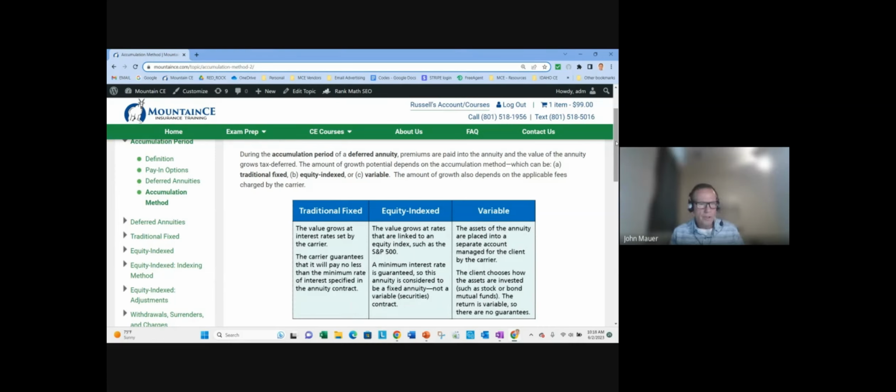Gotcha. Yeah, so you're talking about the MEC, modified endowment contract situation. If you put too much money into a life insurance policy too soon, like with Universal Life, for example, it's flexible premiums. So let's say I've got a $100,000 death benefit life insurance policy, and I put more premium into it than what the IRS rules allow, then the life insurance policy is going to turn into a MEC, modified endowment contract, which simply means that you lose some of the tax advantages of life insurance.